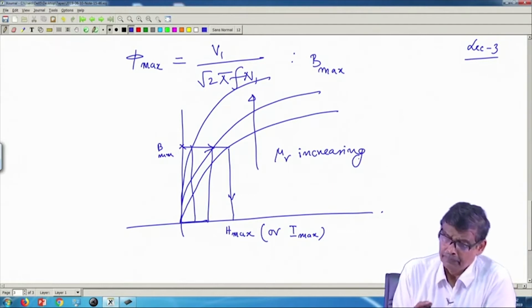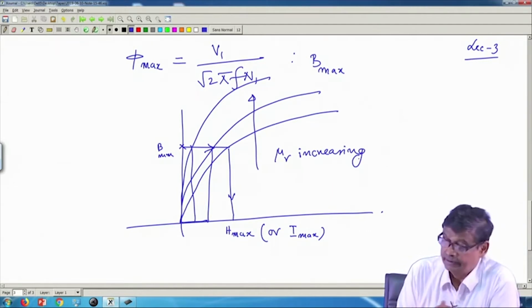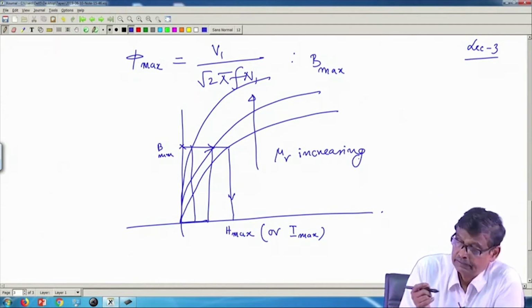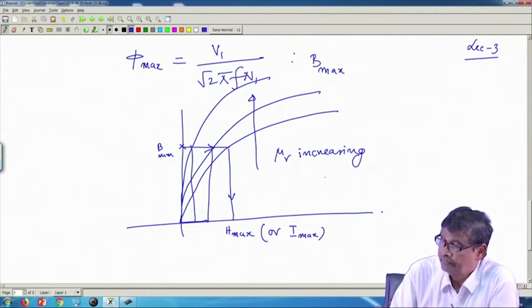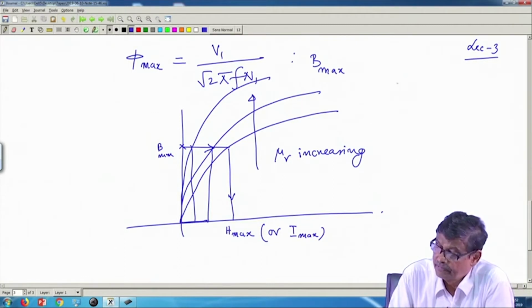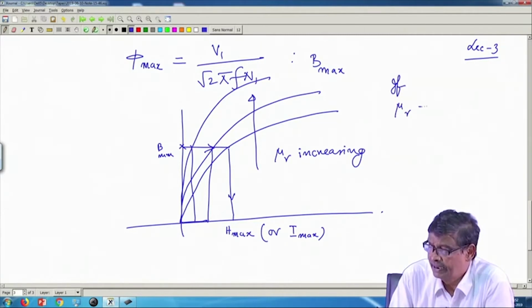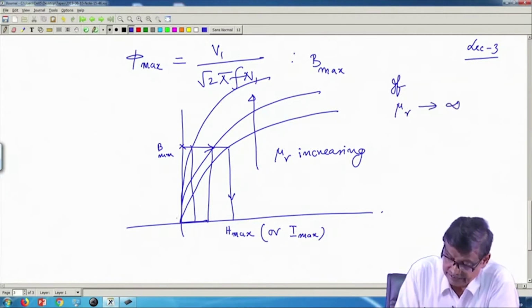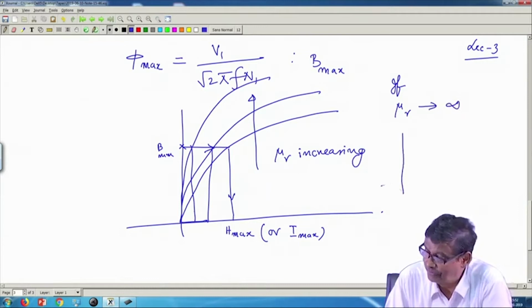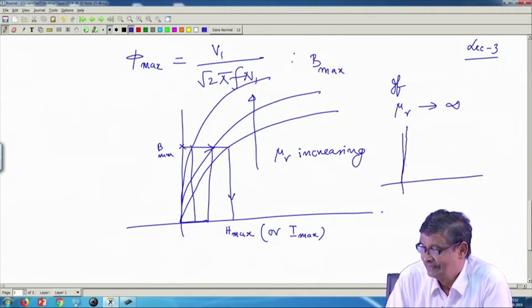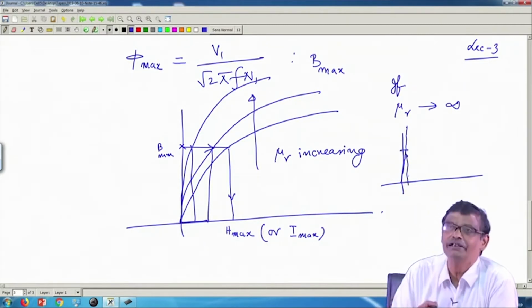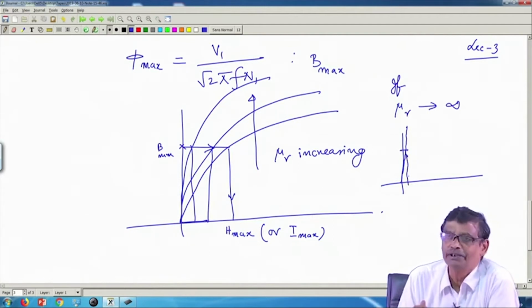Therefore, if the magnetic material is very highly permeable, if mu r tends to infinity, very large, that is, this curve will become almost like a vertical line, then to create a flux, the current needed will be vanishingly small to establish the flux.